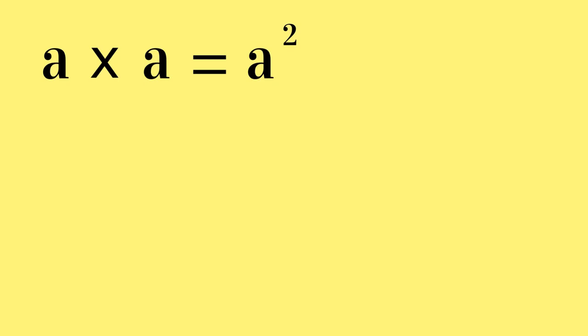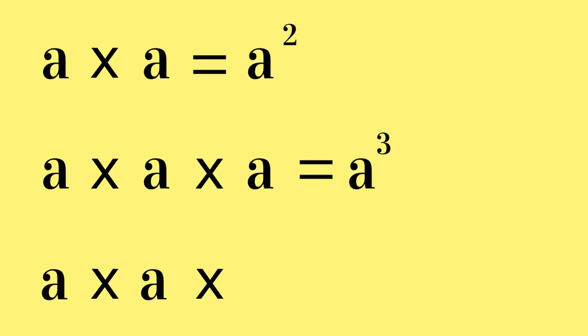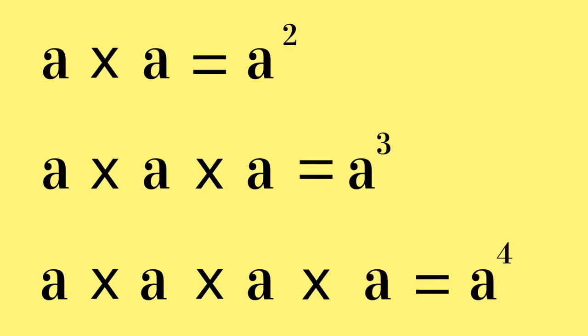This would also work for cube numbers and even higher powers. So a multiplied by a multiplied by a is a cubed, and a multiplied by a multiplied by a multiplied by a would be a to the power of 4.